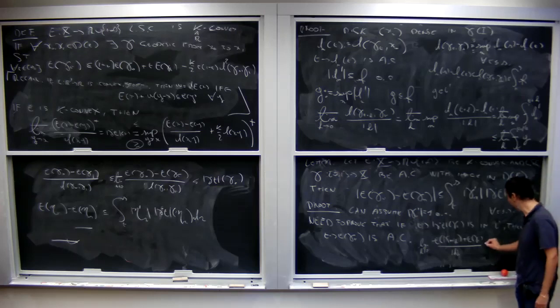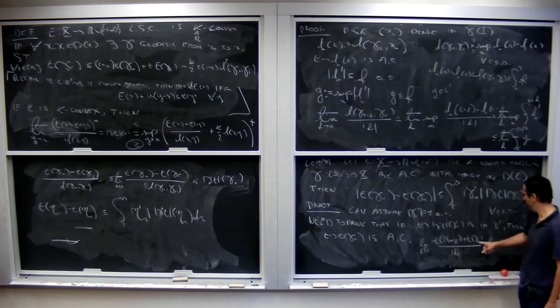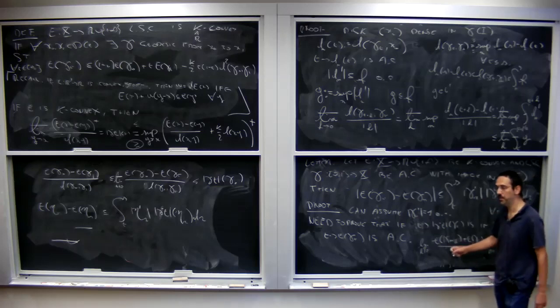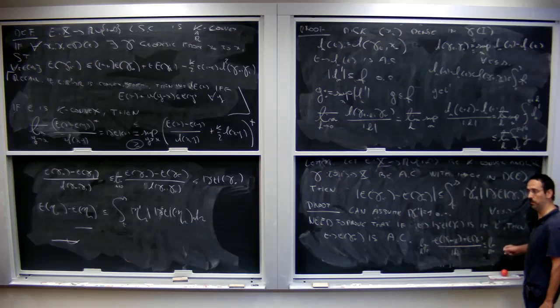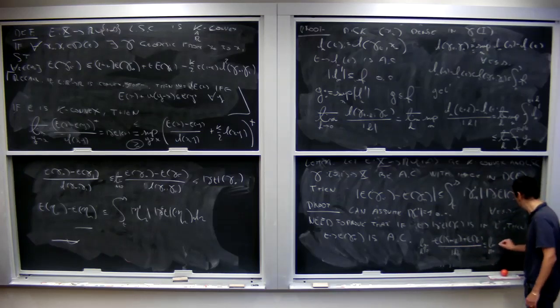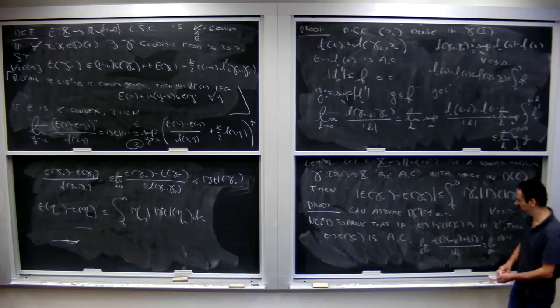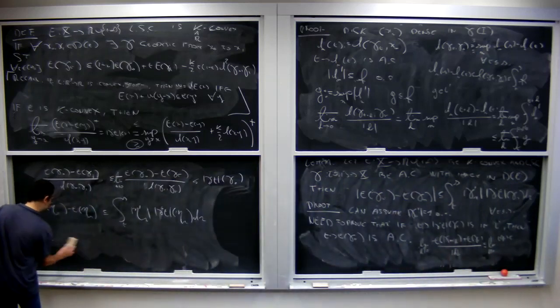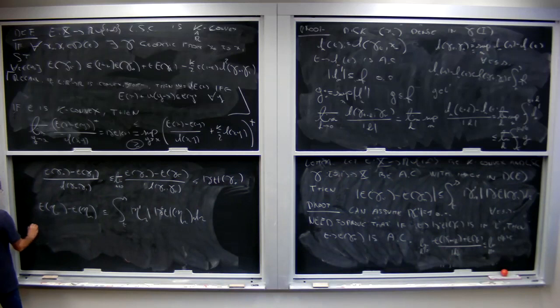This, of course, is less or equal than the limit when h goes to 0 from below. And now you see, let me multiply and divide by the distance between gamma t and gamma t plus h. Let me write it here. So what is this?